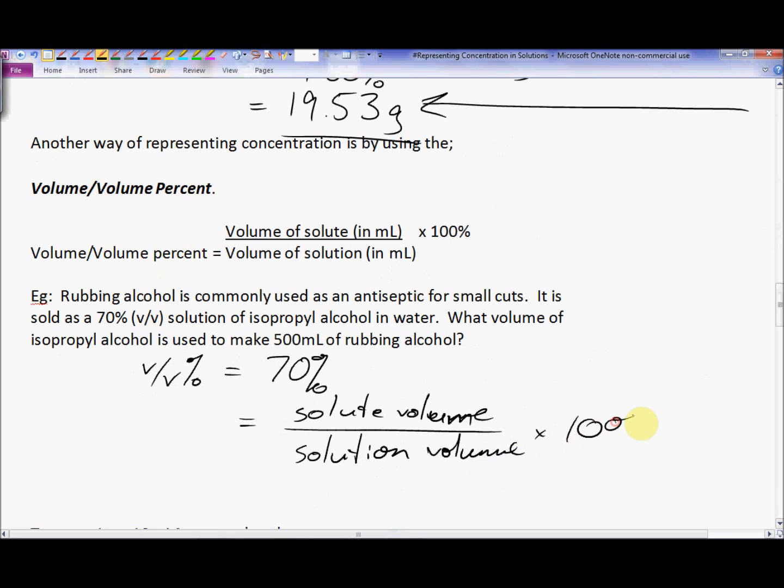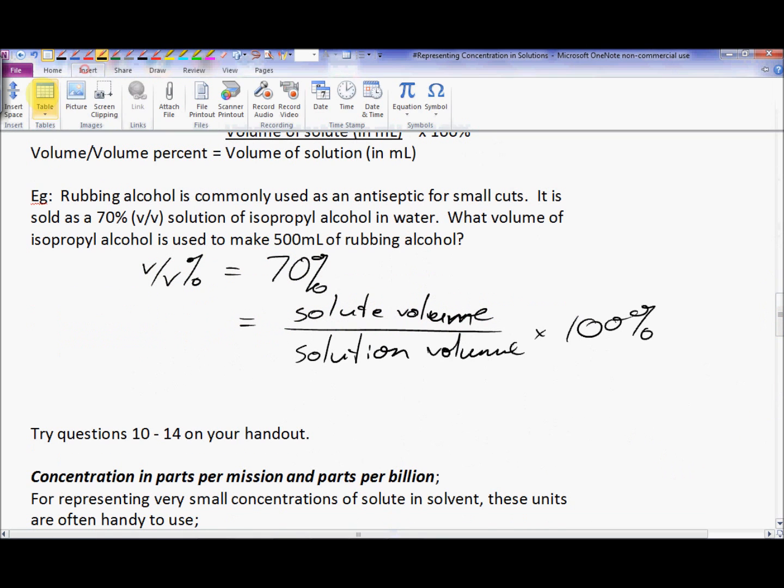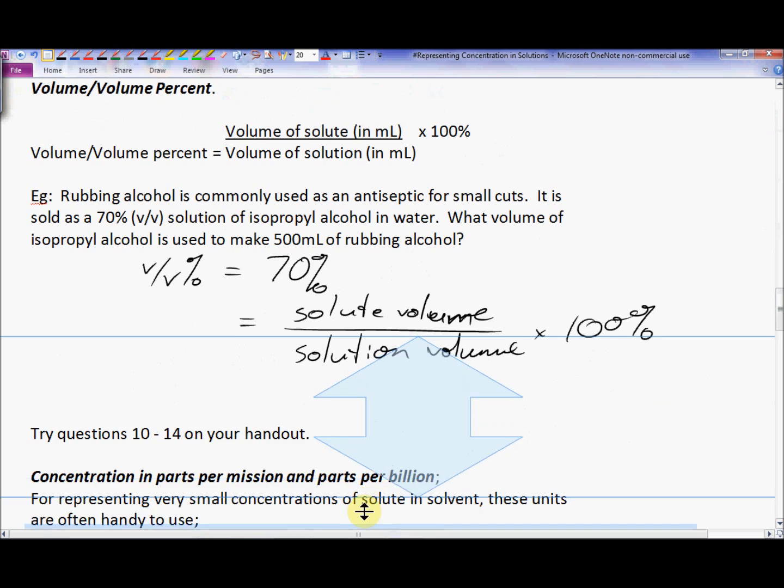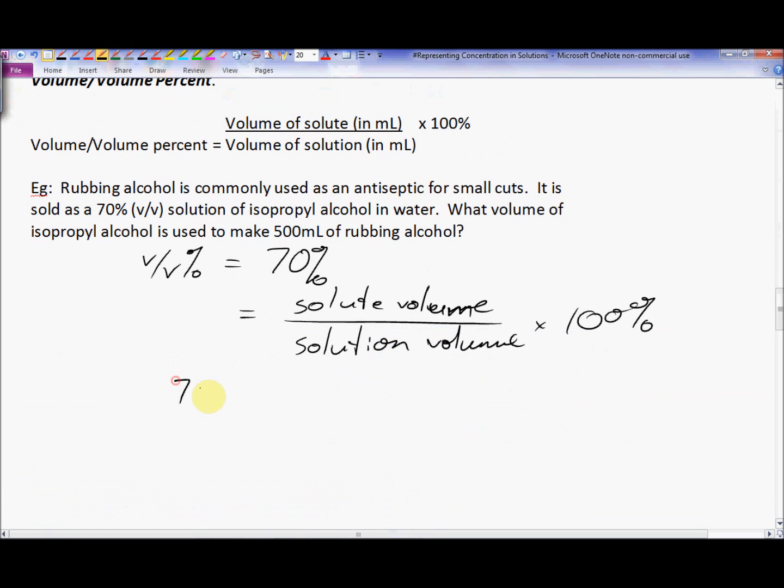Okay. So we take our 70% and we say that's equal to a certain volume divided by 500 milliliters of the solution of rubbing alcohol times 100%.